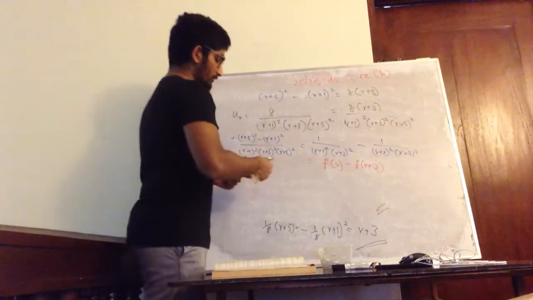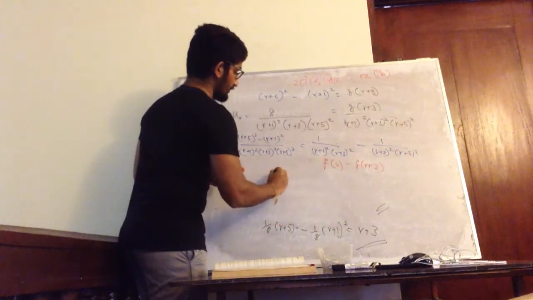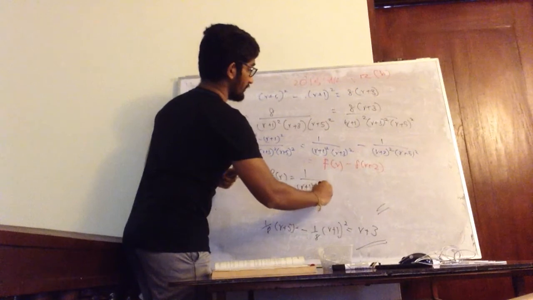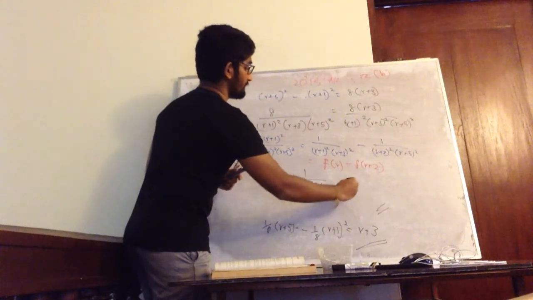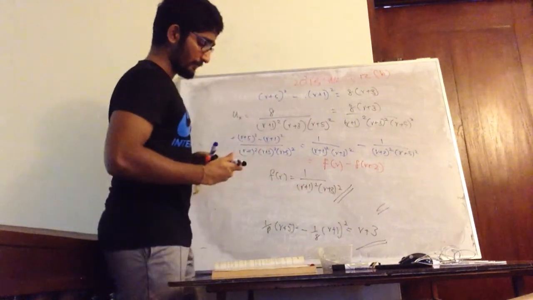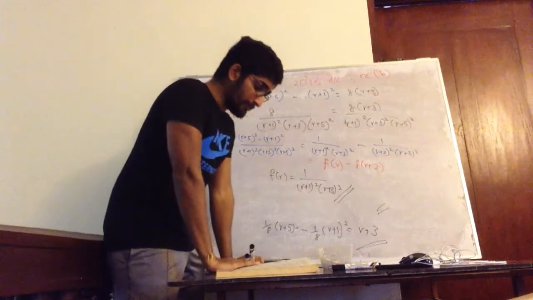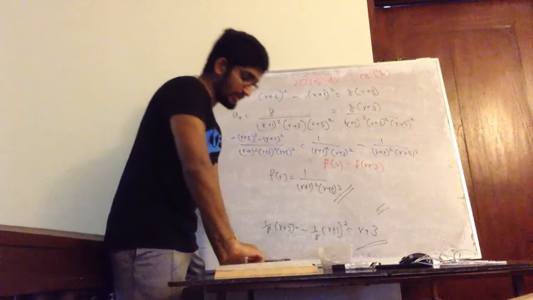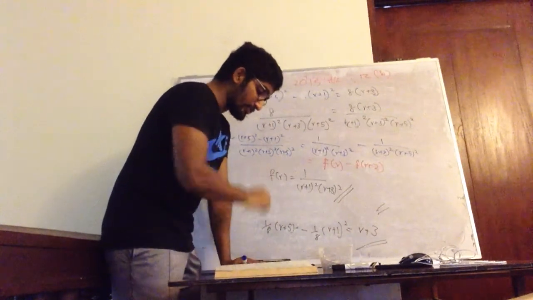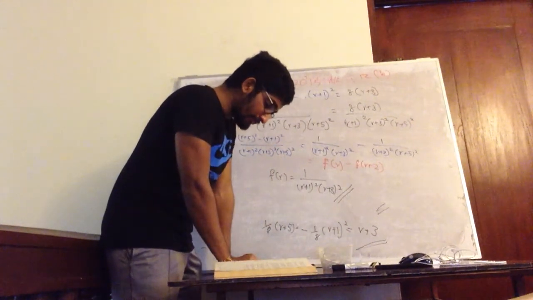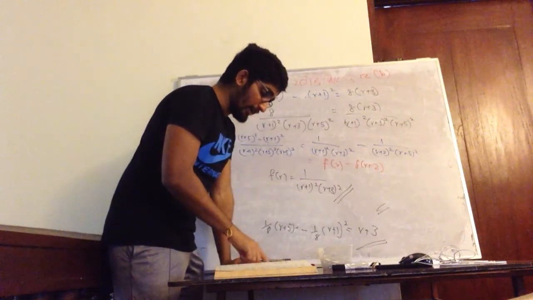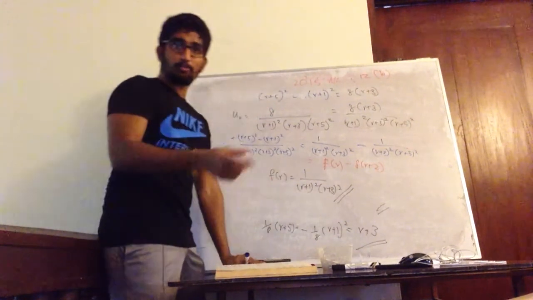So then we have to rewrite what f(r) is. f(r) is 1 over (r + 1)²(r + 3)². So basically they have said this u_r of an infinite series can be expressed as f(r) minus f(r + 2), where f(r) is a function to be determined.